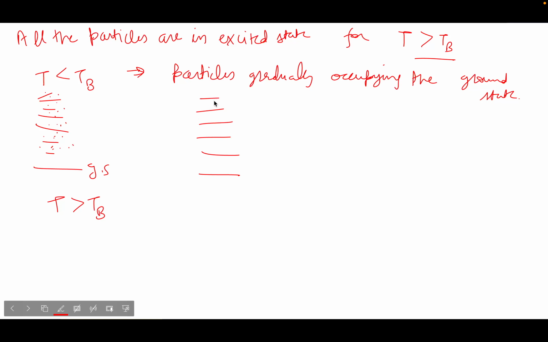But once the temperature starts decreasing, the particles start to come into the ground state as well. Particles start to occupy the ground state level. They start coming from the excited states to the ground state. So particles gradually occupy the ground state for temperature less than T_B. Here T_B is the Bose temperature or critical temperature.